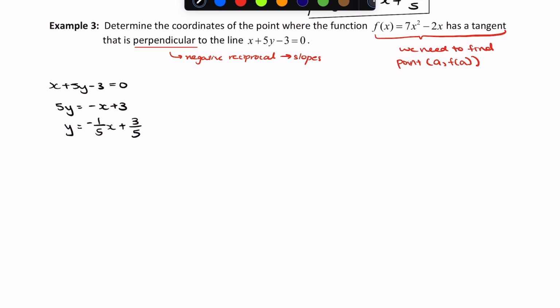So what we're doing here is we are determining the slope of the perpendicular line.